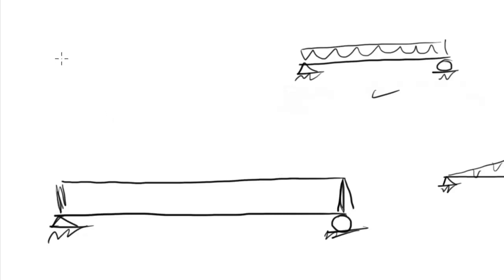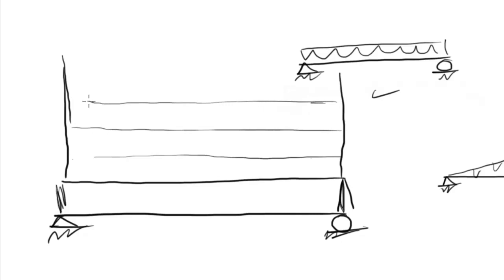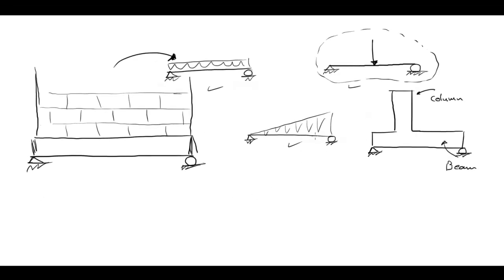Let's say that this beam is carrying a wall, a masonry wall, a concrete wall, so it looks something like this. So if it's a masonry wall, for example, like this one, the weight of the wall or the load caused by this wall can be represented by this. This is just one example, guys.